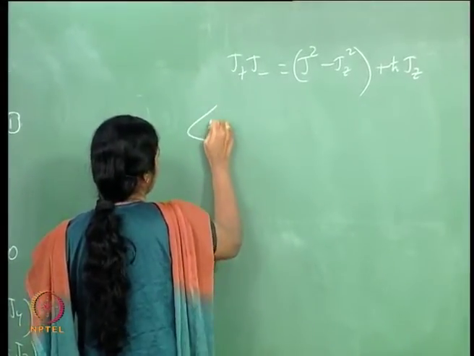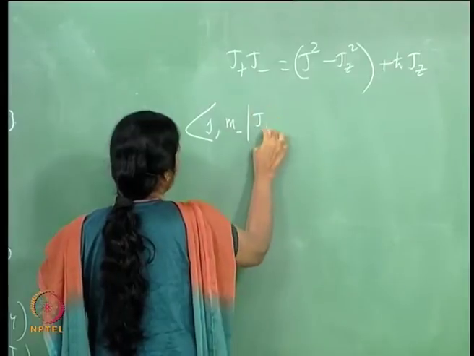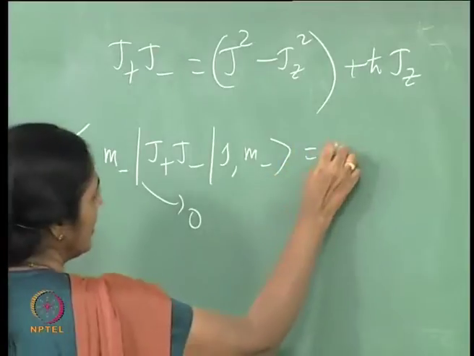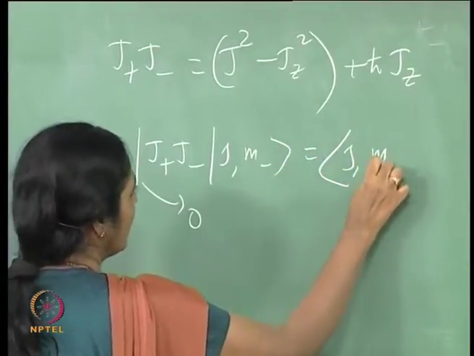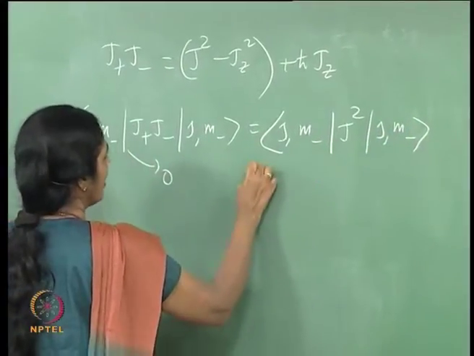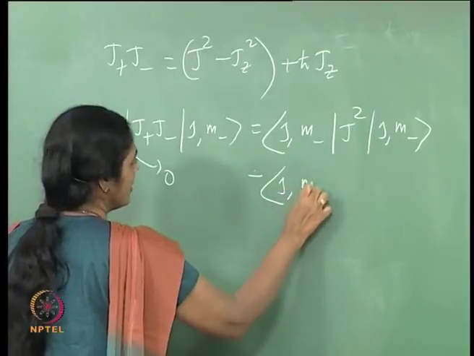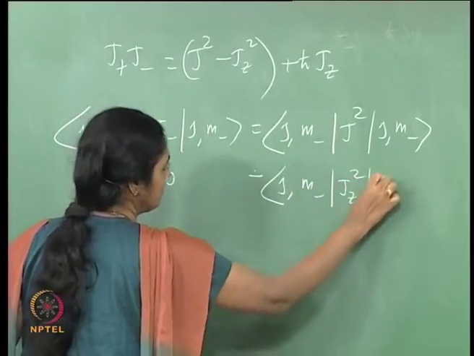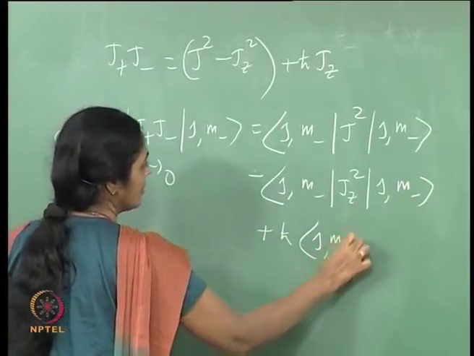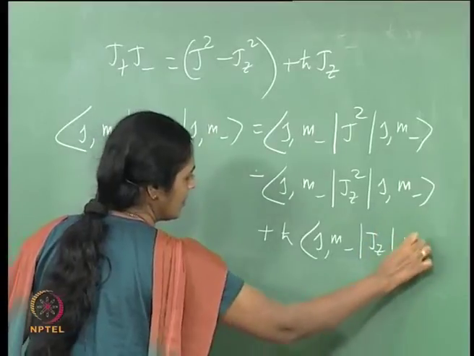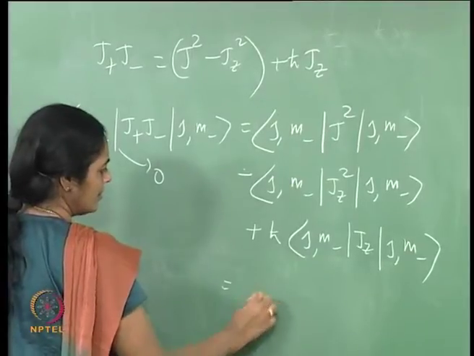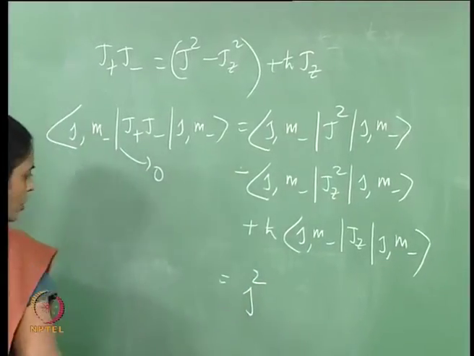Taking the expectation value in this manner, this object is 0, remember. As before, I have this minus this object plus h cross. Well, that gives me a j squared, a lambda h cross squared.